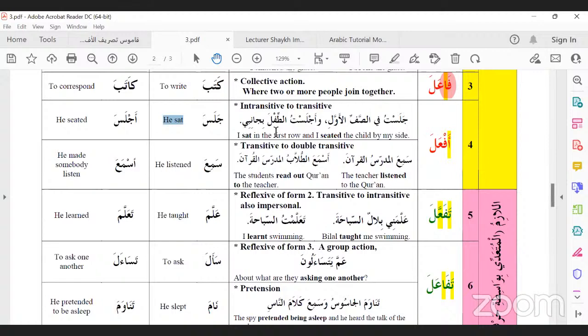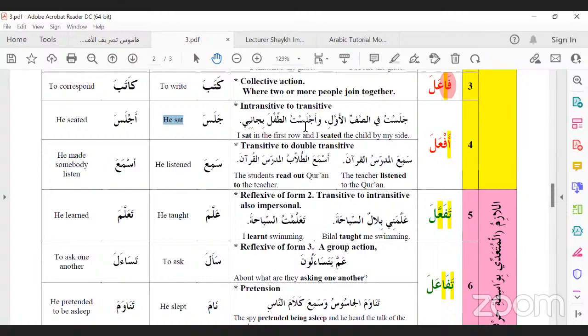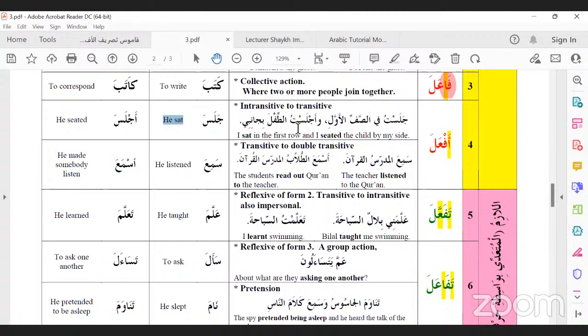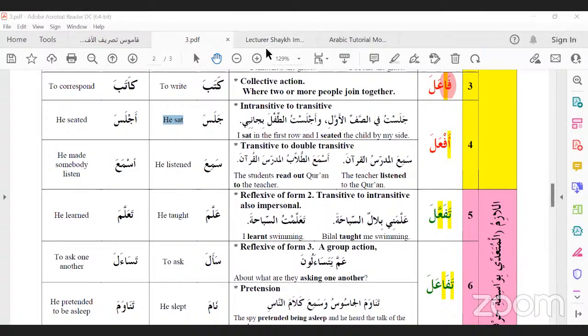I seated the child by my side. Exactly. So the meaning of seated is given transitive meaning: the person who is doing the action, it is being done upon somebody else. So from lazim to mutaaddi: jalastu was a fi'l lazim and ajlastu became the fi'l mutaaddi. Excellent. Is that clear? Yes, it is. Brilliant. Thank you.